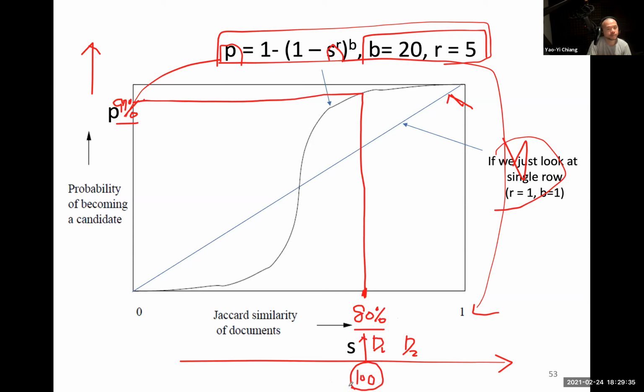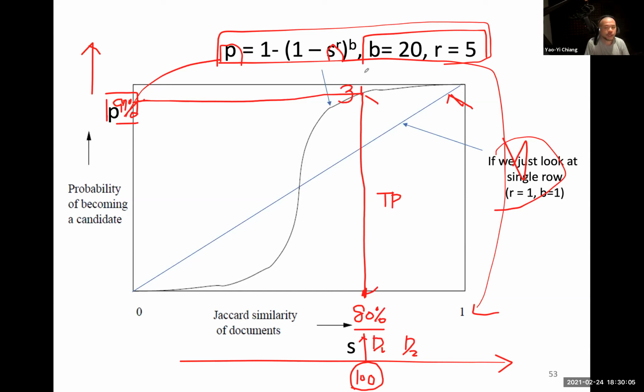Anybody? 97, great, because here you have a 97, right? So that means this line tells you your true positives. 97 of them become your candidate. And what is here, this part? This is 3.